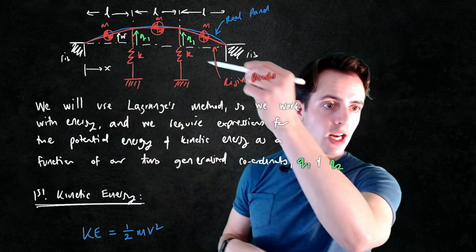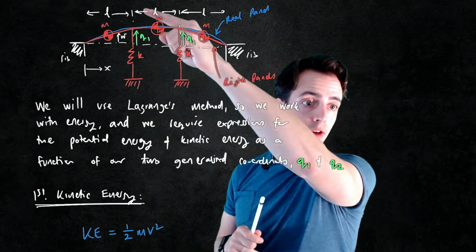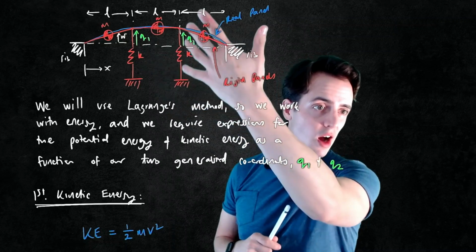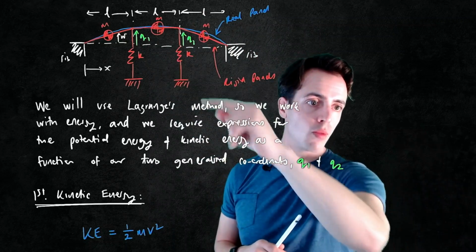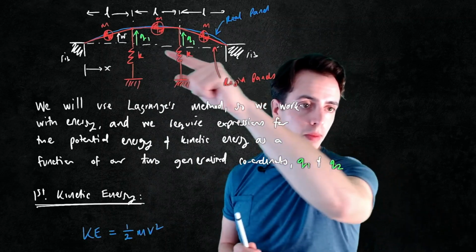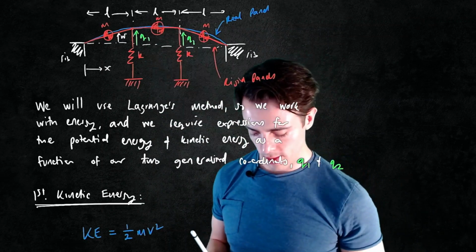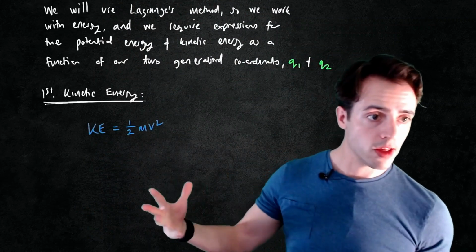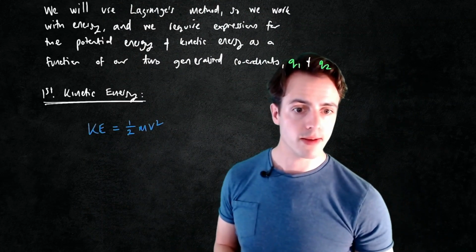If q is increasing in time, let's say from time 0 to time 1, q increases from 0 to some value, then we've got an applied velocity upwards of this plate. We then need to come up with an expression for the kinetic energy contained within that plate.